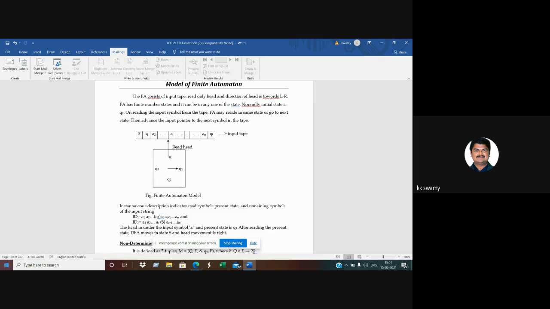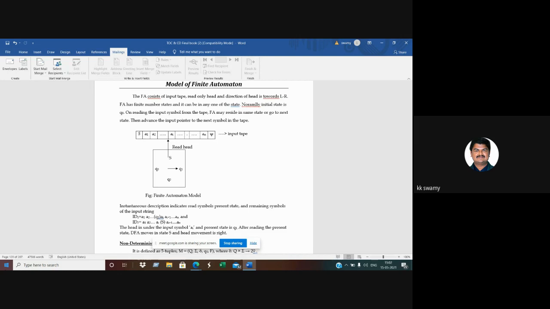The NFA stands for non-deterministic finite automata. Non-deterministic finite automata means that sometimes we have more than one path on some specific input symbols, or sometimes no path on some specific input symbol.